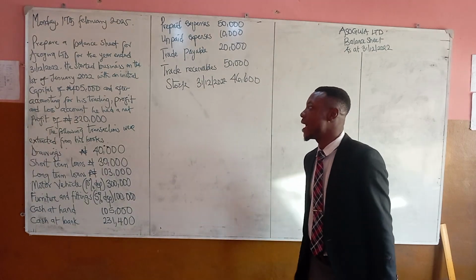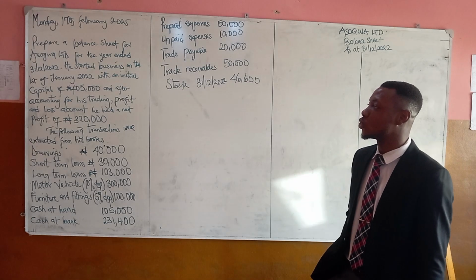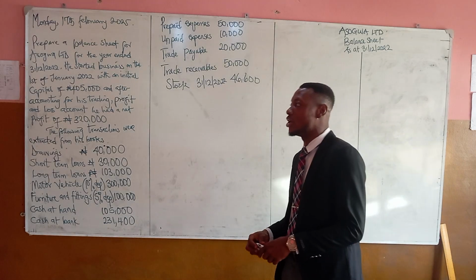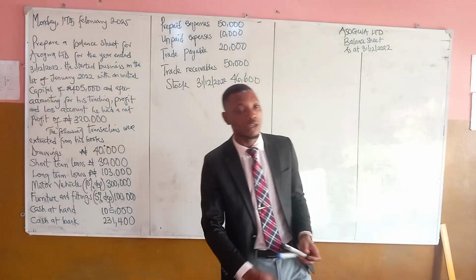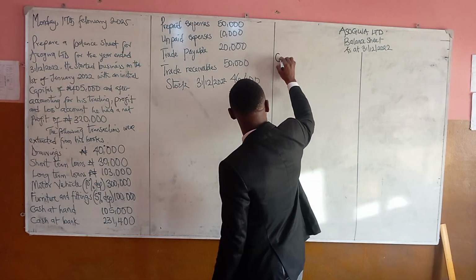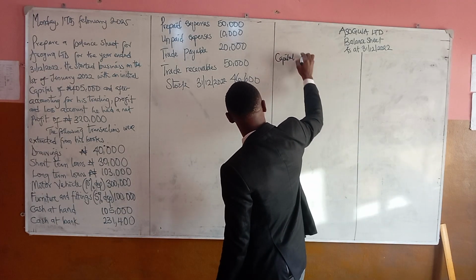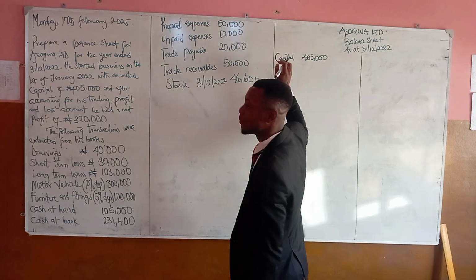We said: prepare a balance sheet for Asogwa Limited for the year ended 31st December 2022. It started business on the 1st of January 2022 with an initial capital of 405,000. So we have our capital, 405,000. What next? Net profit.